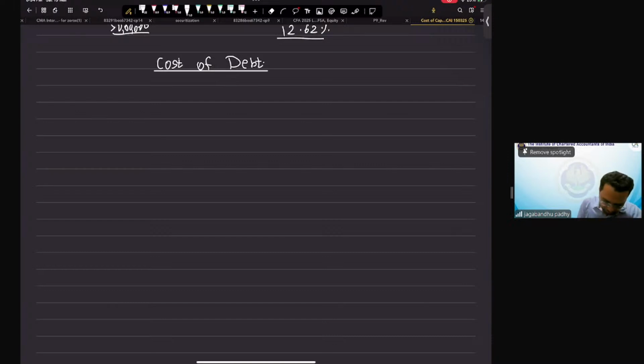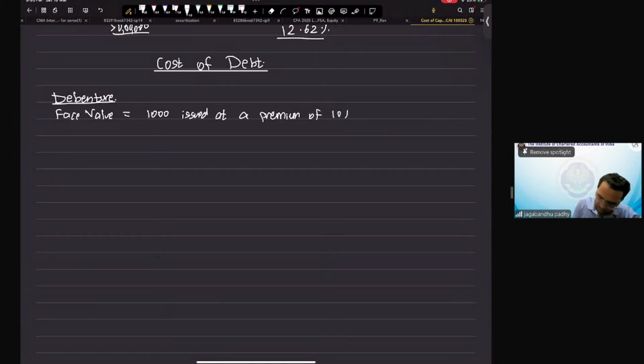Okay. Let's say we talk of a debenture which has got a face value of 1,000, and this is issued at a premium of, let's say, 10%.